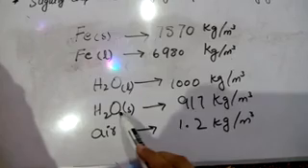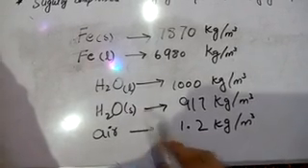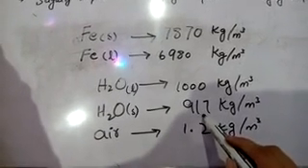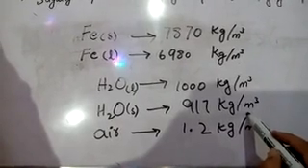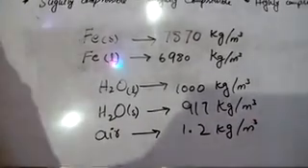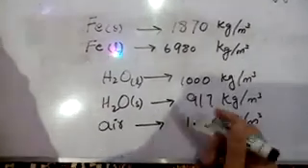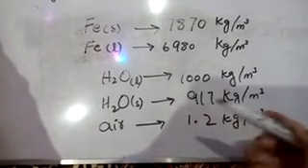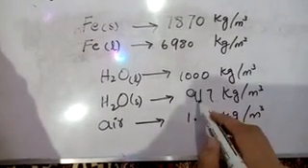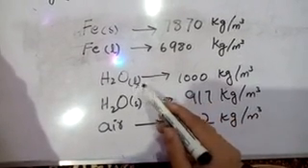But water in solid state, the density is 917 kilogram per meter cube. So here is an exceptional case in case of water, that the density in the solid state is smaller as compared to the density in the liquid state.